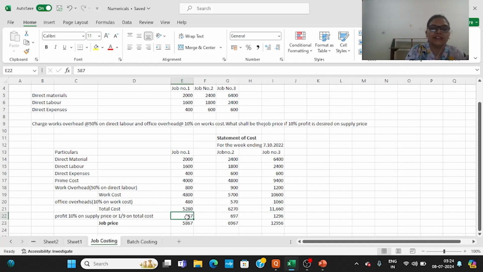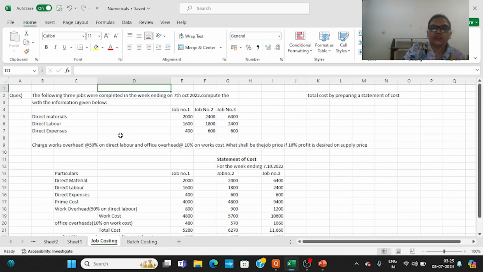We will get 587 in job number 1, 697 in job number 2 and 1296 in job number 3. After adding total cost and profit margin, we will get job price 5867 for job number 1, 6967 for job number 2 and 12,956 for job number 3.